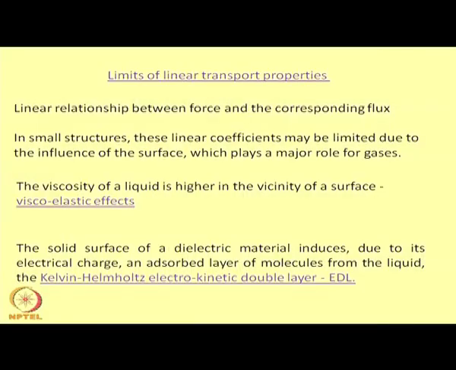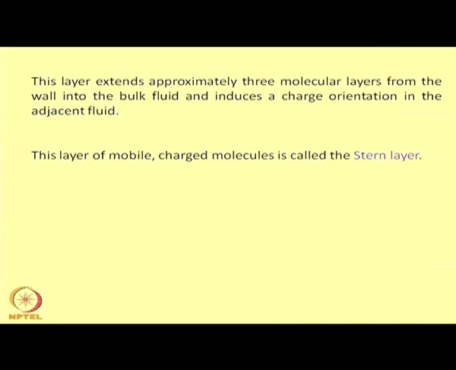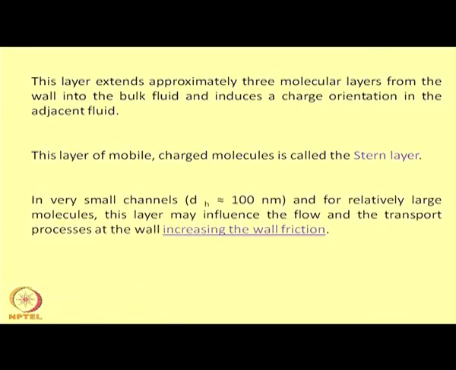Not only the EDL, there would be additional changes because this layer extends approximately 3 molecular layers from the wall into the bulk fluid and induces a charge orientation in the adjacent fluid. So, this layer of liquid which is mobile but charged is called the Stern layer. Since they are charged yet mobile, the velocity of these molecules would be different when compared to the situation in which the walls do not have any charge.